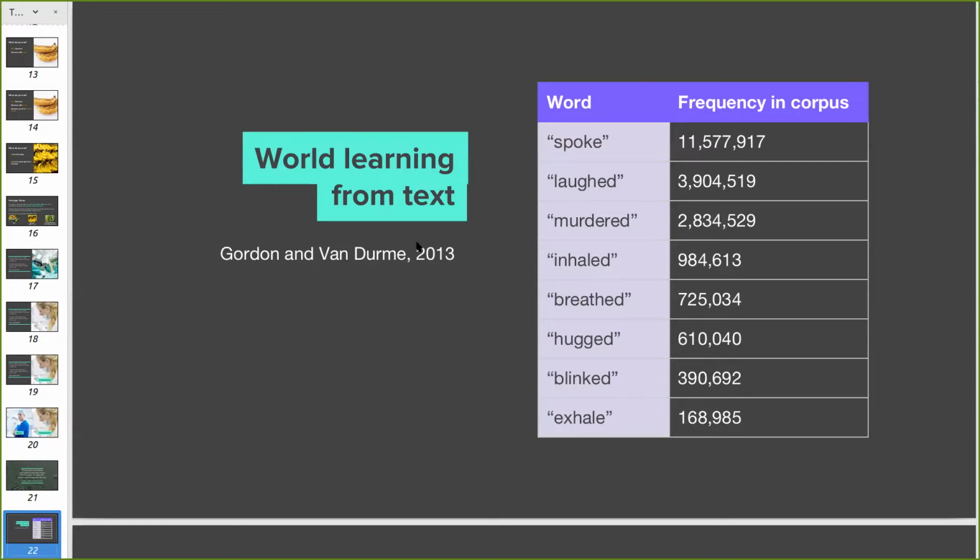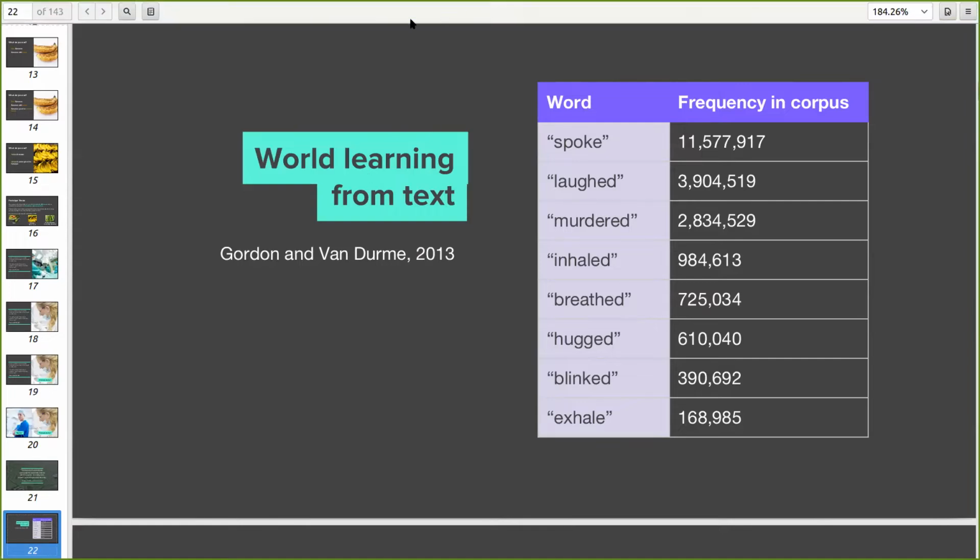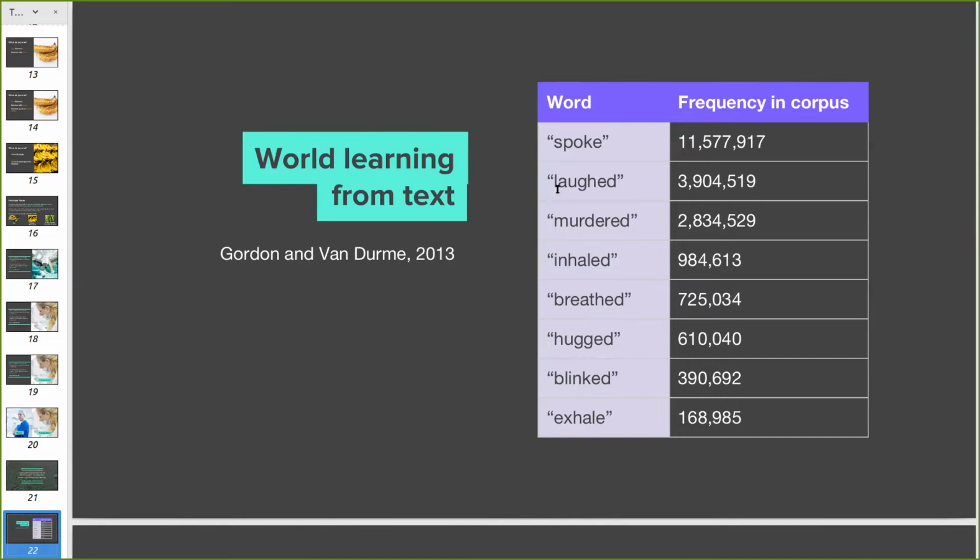Here is another interesting example. When we take some text and simply read it, these are the kinds of frequencies that we find in a text corpus that we could find on the internet. Words like spoke, laughed, and murdered come with higher frequencies, whereas words like exhale, blinked, hugged, and breathed are seen with lower frequencies.